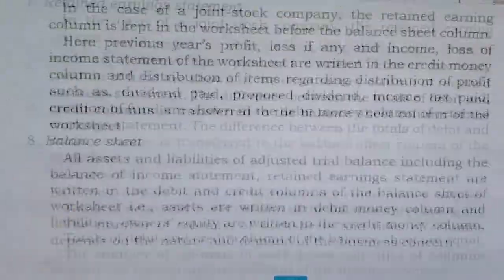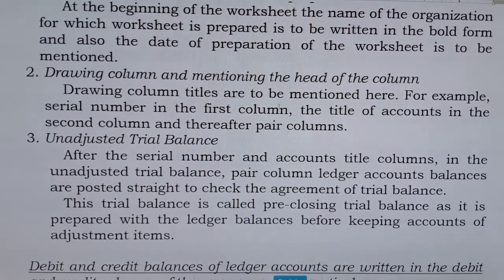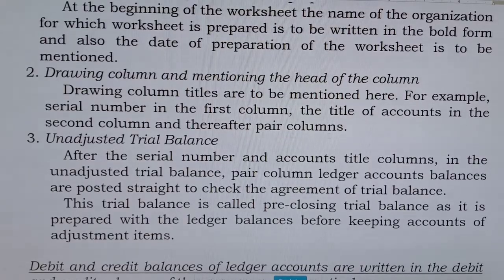Okay? And then, we have step 2. Drawing column and mentioning the head of the column. Drawing column titles are to be mentioned here. For example, the serial number in the first column, the title of accounts in the second column, and thereafter pair columns.